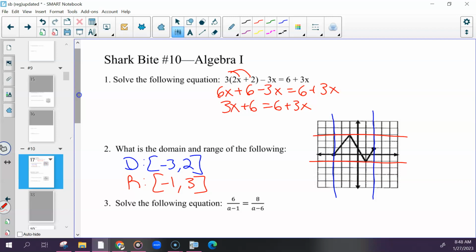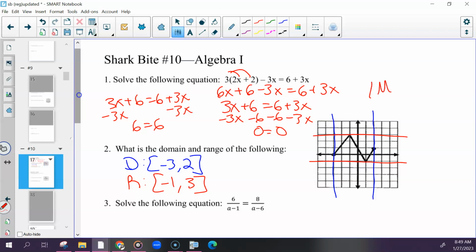If you didn't see that and kept going, let's say you got rid of your x's, and let's say you got rid of your 6's, you would have got 0 equals 0. Or if you just got rid of your x's but not the 6's, either way, number equals a number, the variables disappear, so that is infinitely many solutions.